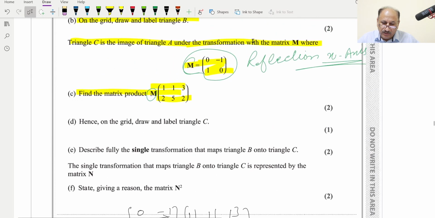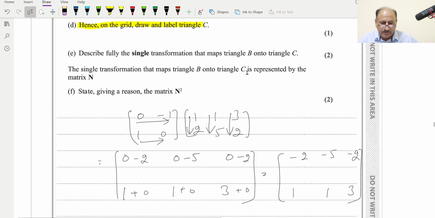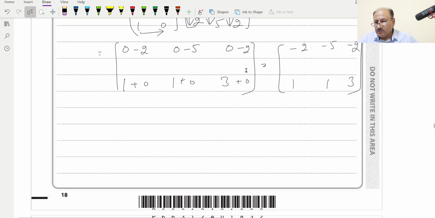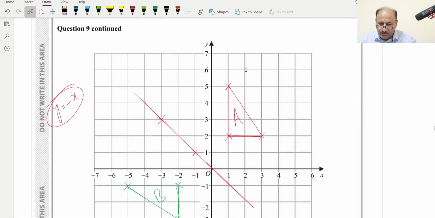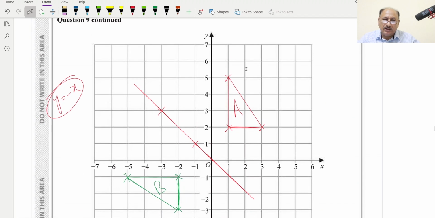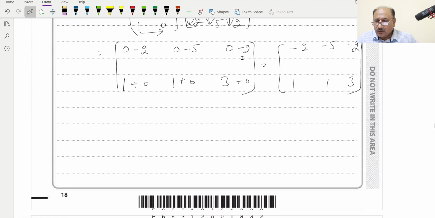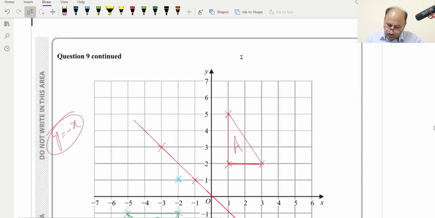So this is the product matrix which they were asking, and hence on the grid draw and label the triangle C. We have to label the triangle C on this one with coordinates minus 2 and 1. Minus 2 and 1 will be which one? We will be identifying that one. Minus 2 and 1 is this one, and next is minus 5 and 1, so minus 5 and 1 will be this one.